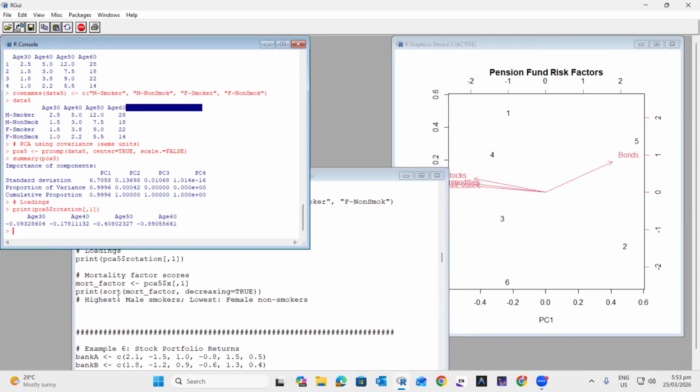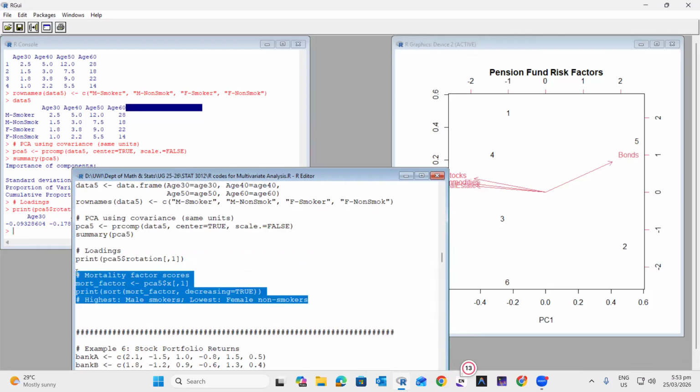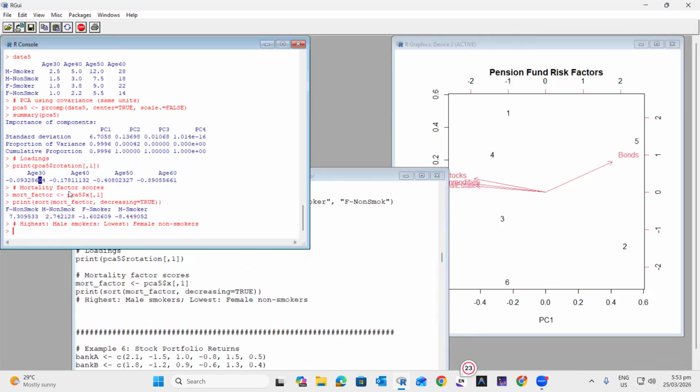After that we are going to check the scores of the mortality. That is 7.30, 2.74, minus 1.60 and minus 8.44. These are the scores for the female non-smoker, male non-smoker, female smoker, and male smoker.